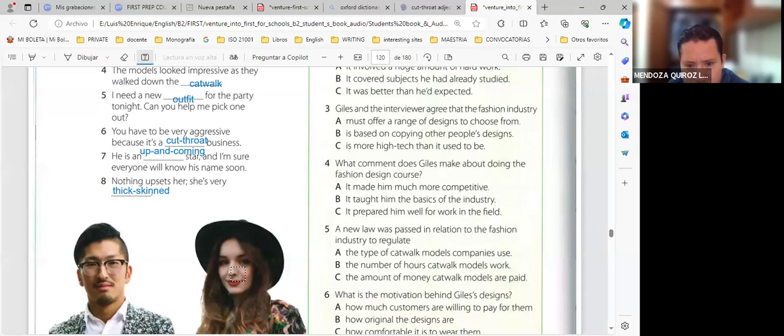I can see that. But it must be very satisfying to see your own designs being paraded up and down the catwalk. Of course it is. But there's a lot goes on behind the scenes that most people aren't aware of. It's a tough life for the models as well. In fact, they've now brought out a law in some countries stating that fashion houses can only use models who aren't too slim and unhealthy looking.